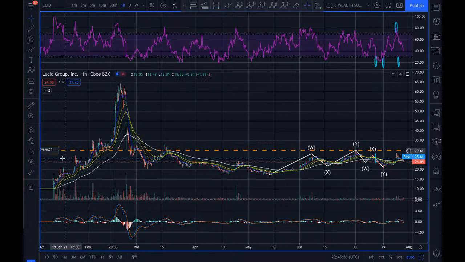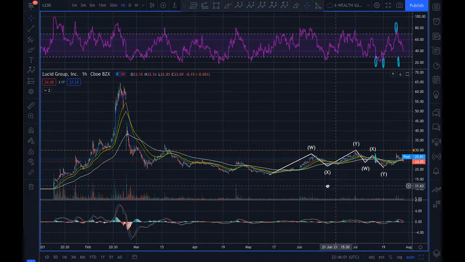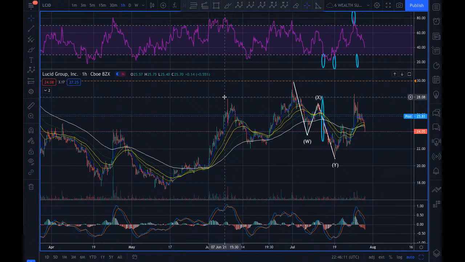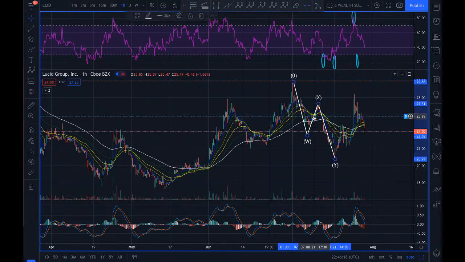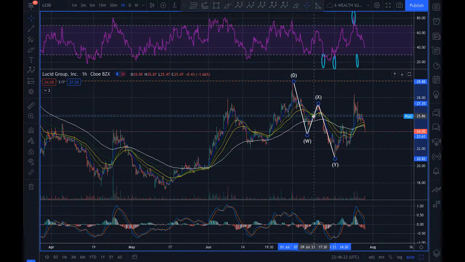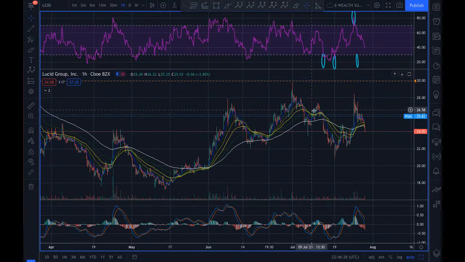However, it does look like 5 waves are up already. And let's see. Oh, I remember this one. Well, still making waves of 3. One, two, three, 1, 2, 3.